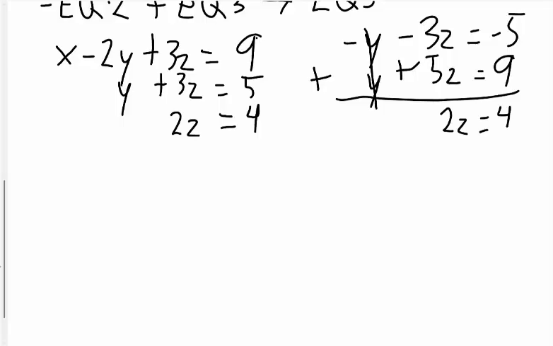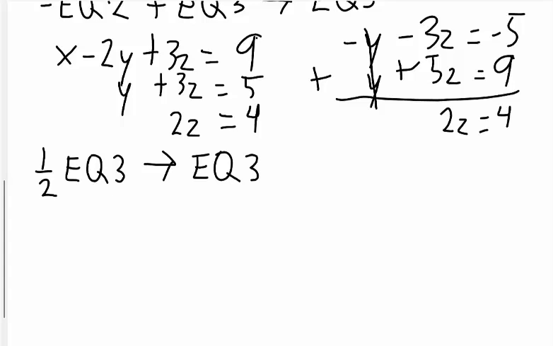So even though we know we can just divide by 2, let's do this properly and let's use elementary row operations. So what we do is we multiply equation 3 by 1/2. So 1/2 times equation 3, and we're going to replace equation 3.